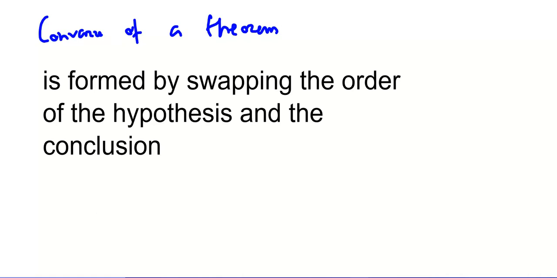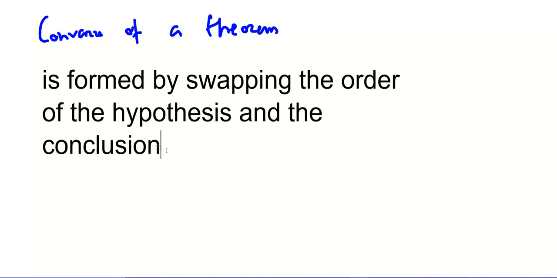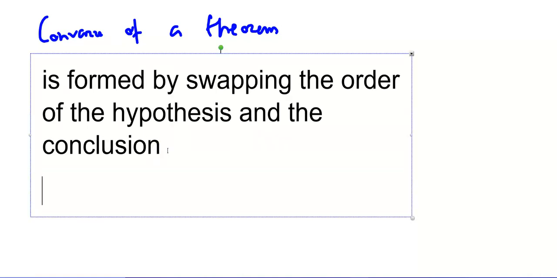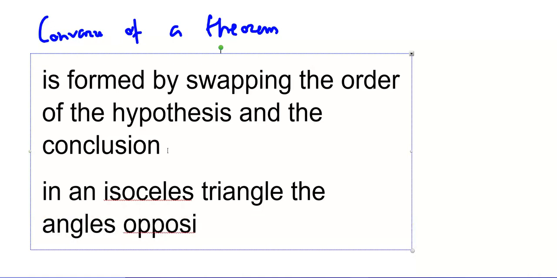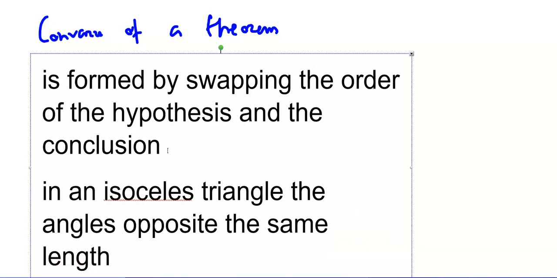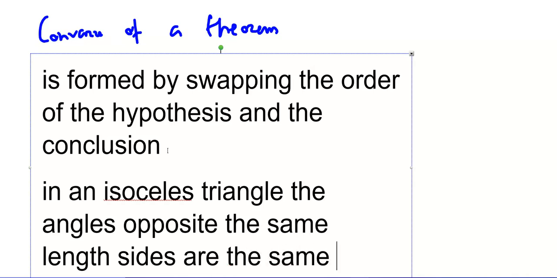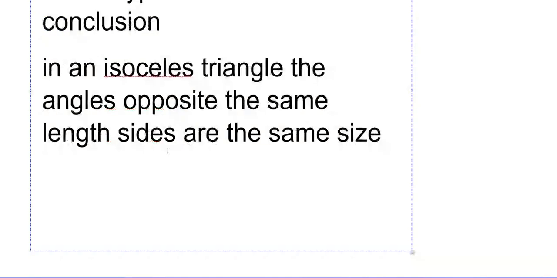You ready? Okay. What's the one we said we'd keep in our armory that we'll use every time? In an isosceles triangle, the angles opposite the same length sides are the same size.